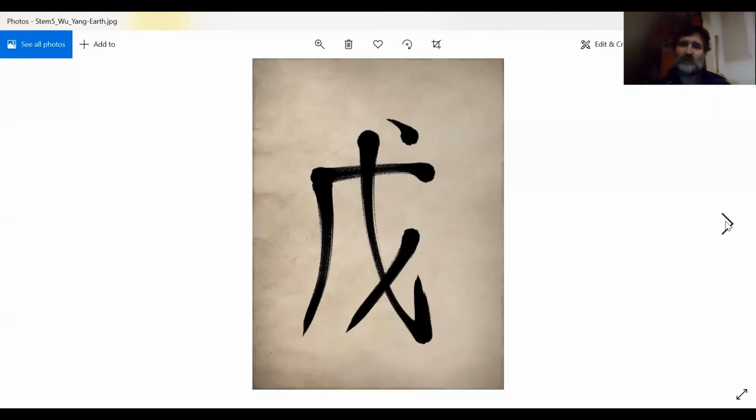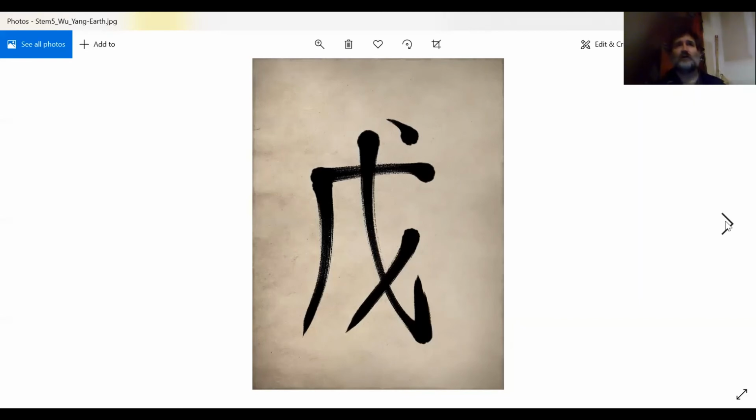So Earth is both like the empty hub in the middle of a wheel, but it is also that power that causes things to turn around, the spinning. So if we have the axis of the Earth, that would be Yin Earth, but that turning is Yang Earth. So Yang Earth is symbolized by a mountain, the protruding aspect of Earth.